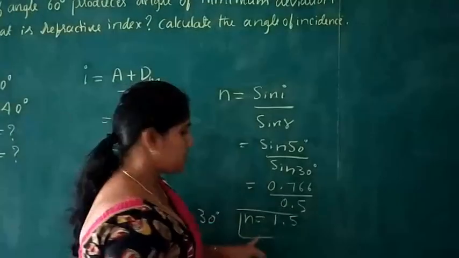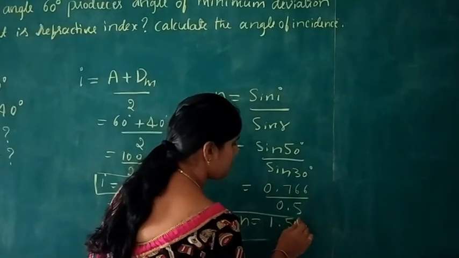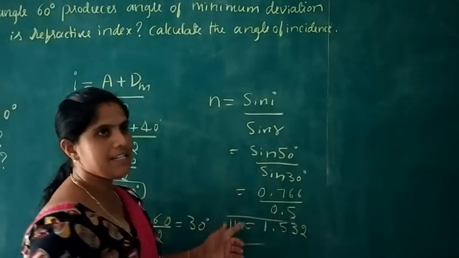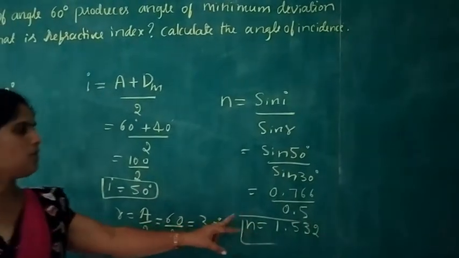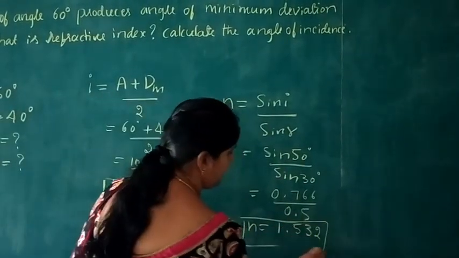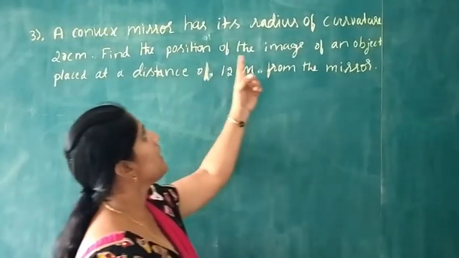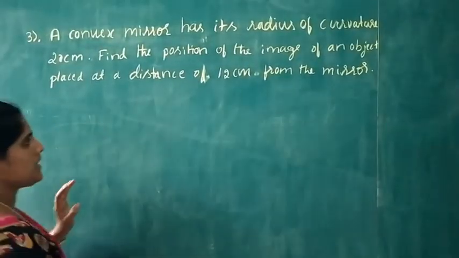We will get the refractive index of 1.532. Refractive index doesn't have any units, so n is equal to 1.532.